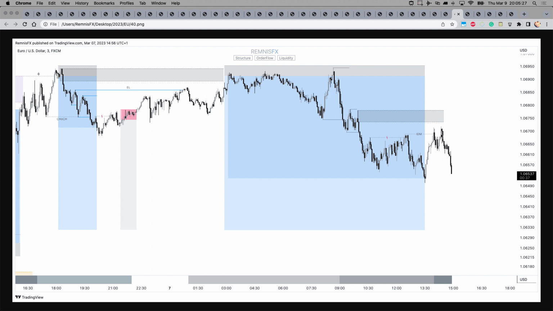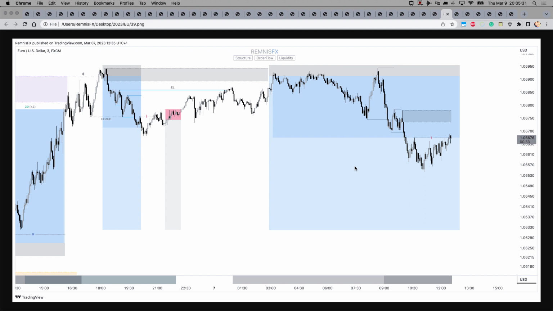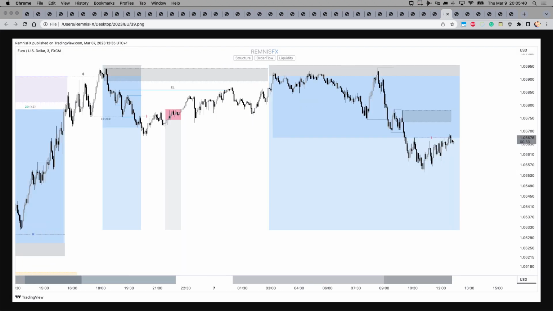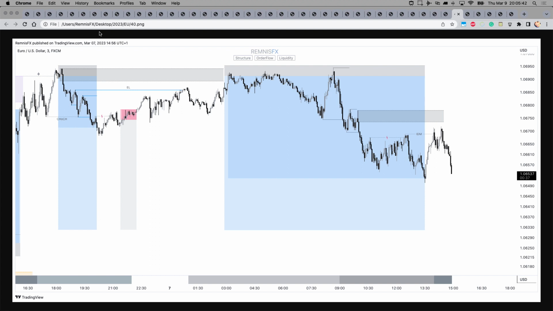So I basically waited, because again I was in between my sessions, right? Here, 12:35, I was not able to monitor price action, but later, 14:56, I noticed definitely something interesting, right?